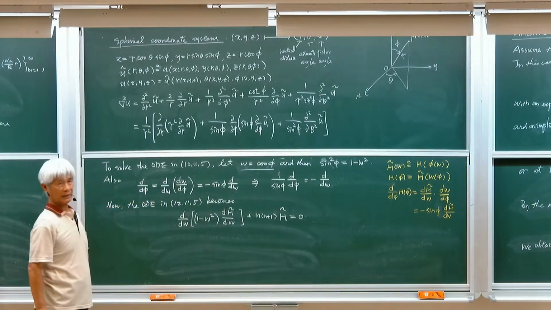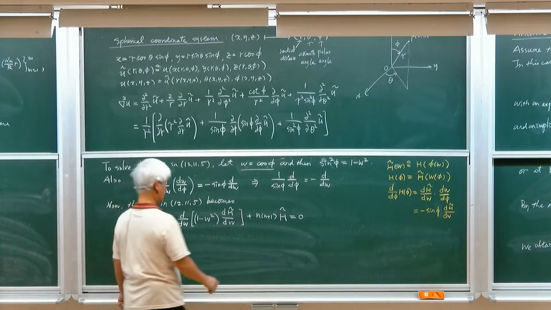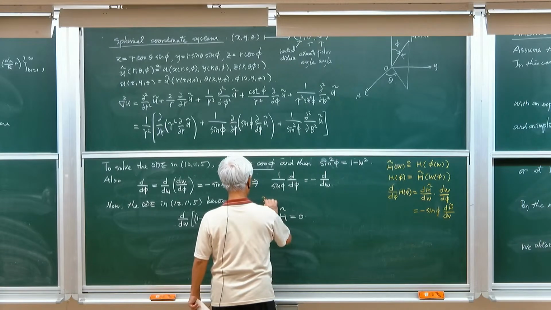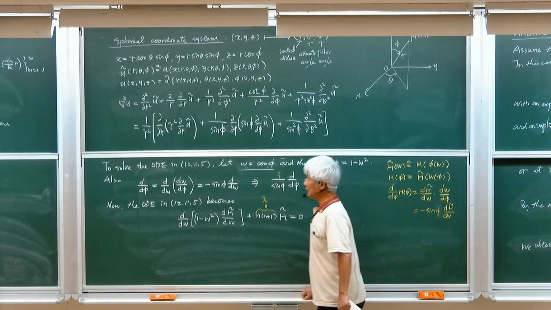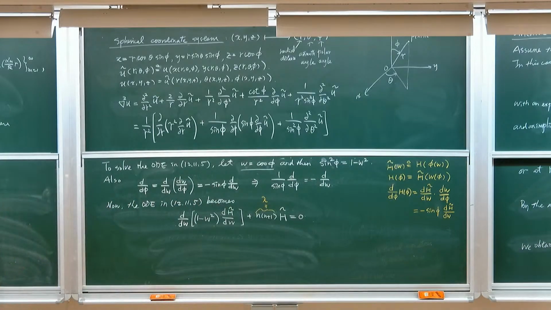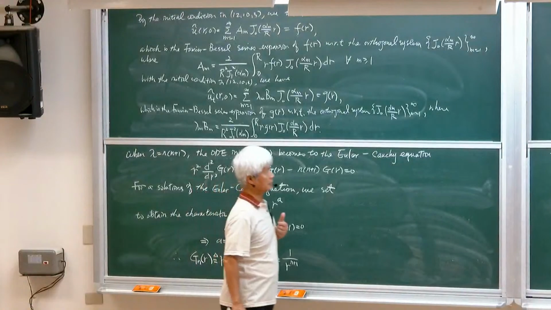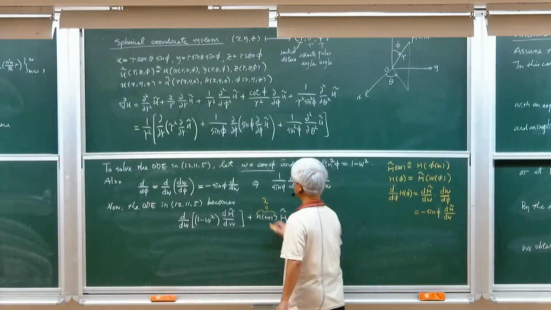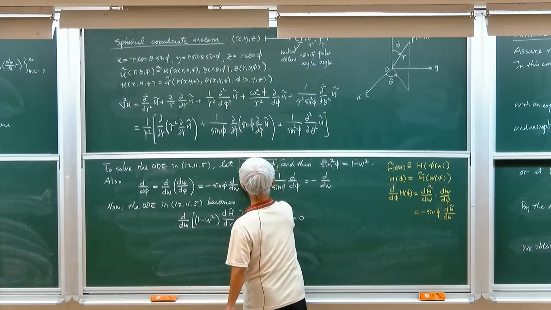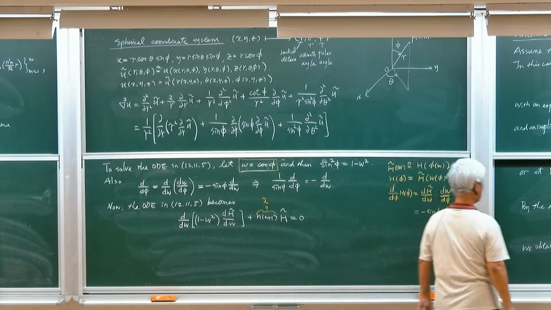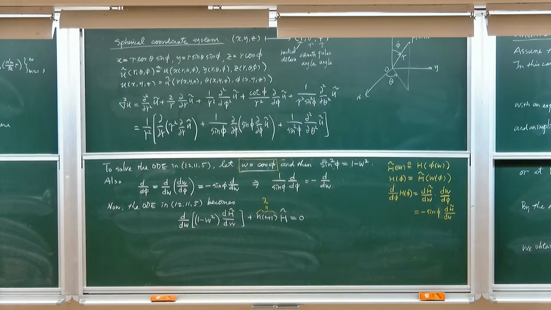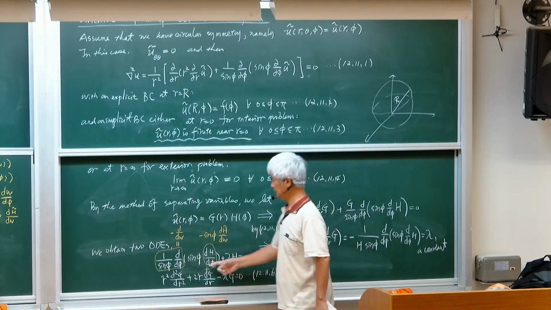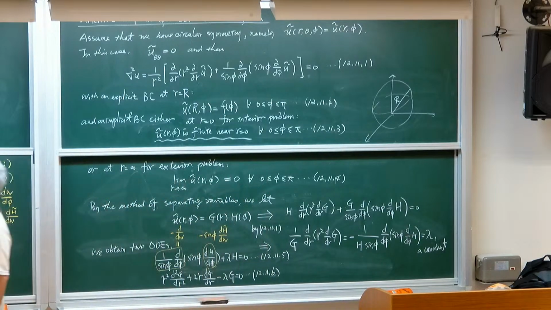Okay, so now we have this one. Remember, this is our lambda here, because we consider lambda equal to n times n plus 1. Okay, so with this change of variables, we can turn the ODE in 12.11.5 into this ODE.